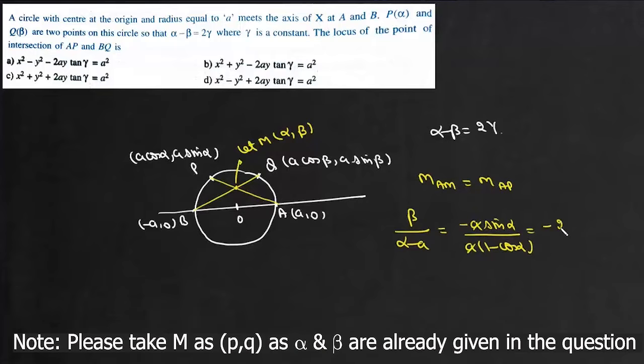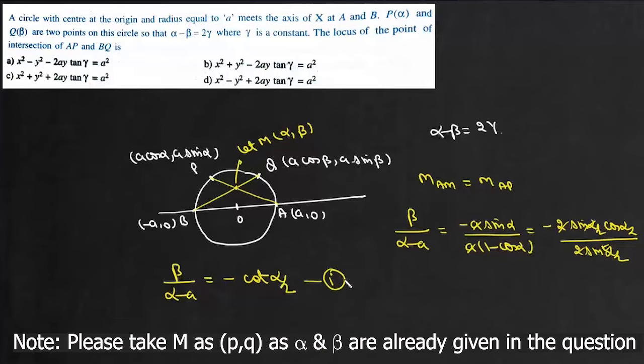Now we can write this as 2 sin alpha by 2 cos alpha by 2, and this is 2 sin square alpha by 2. Now this 2 and sin alpha by 2 will cancel. So we can write beta upon alpha minus a as equal to minus cot alpha by 2. And that's our first equation.